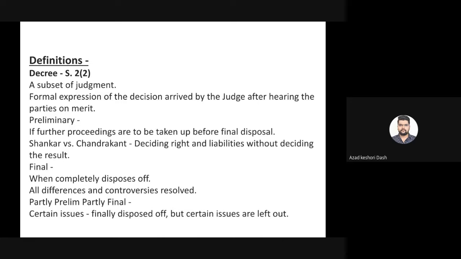When will it be a preliminary decree? If a decree has been made, but then there are other issues which are to be taken up before the final disposal of the suit, then it will be a preliminary decree.